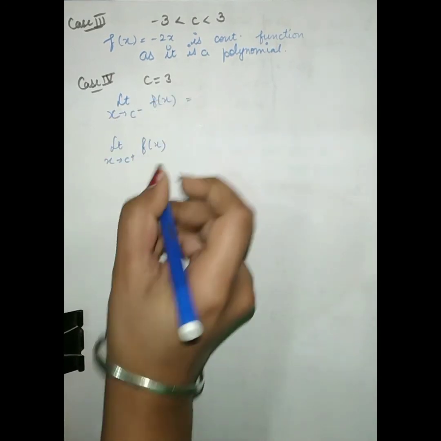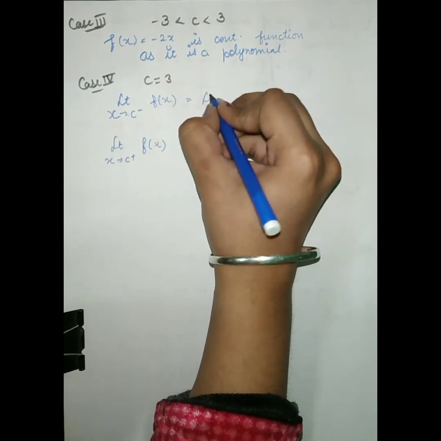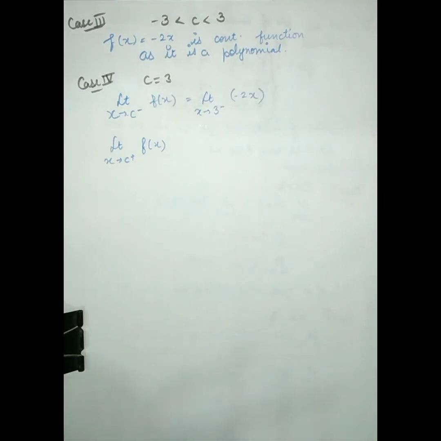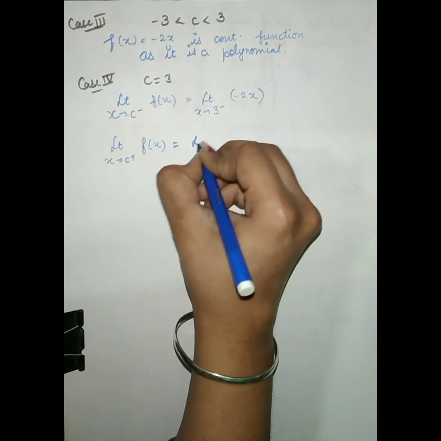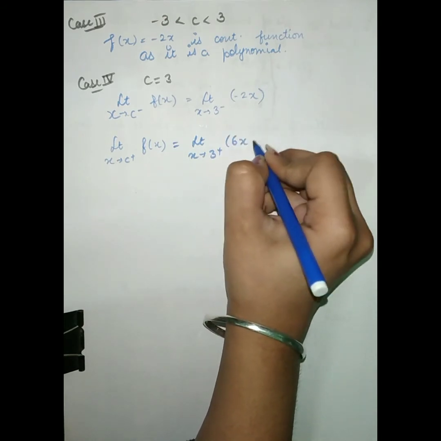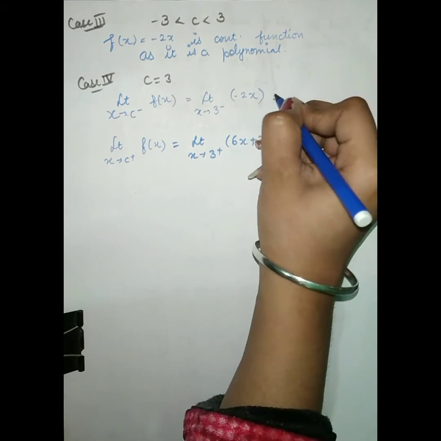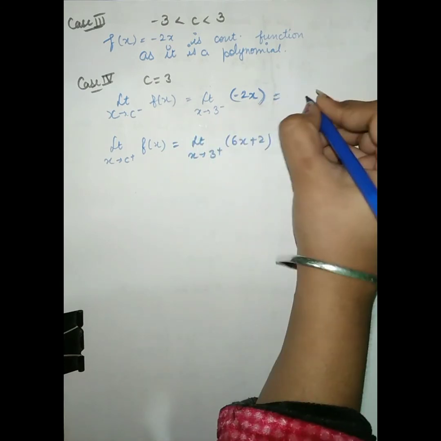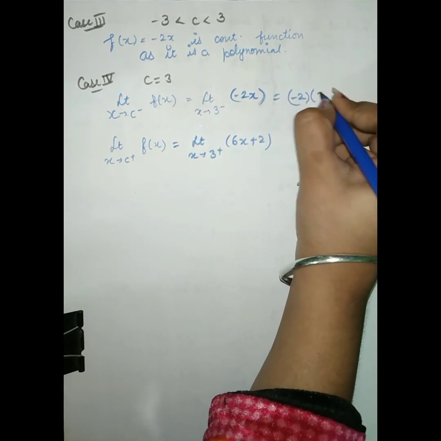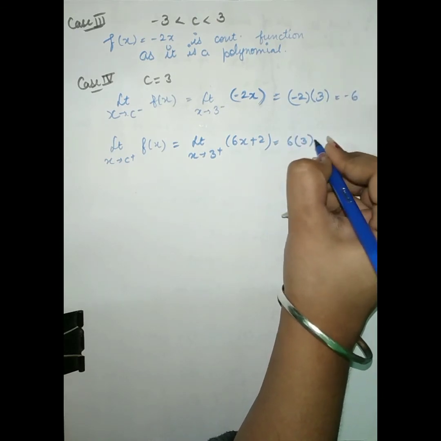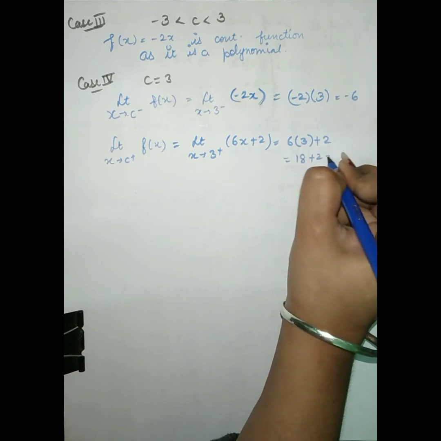Then for this we have the function, limit as x approaches 3 negative of minus 2x, and for the right handed limit we have the function, limit as x approaches 3 positive of 6x plus 2. Then we put the limit, then we get minus 2 into 3, that means minus 6, and here we put the limit, then we get 6 into 3 plus 2, that means 18 plus 2, we get 20.